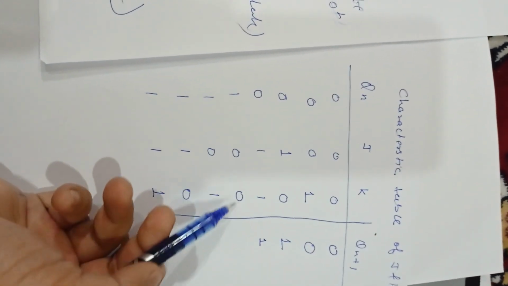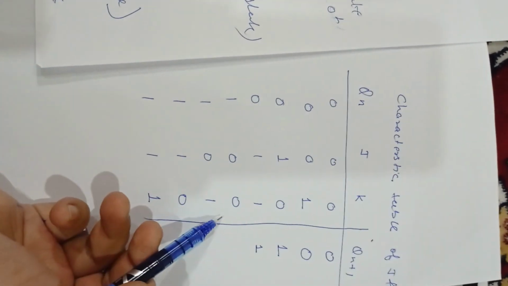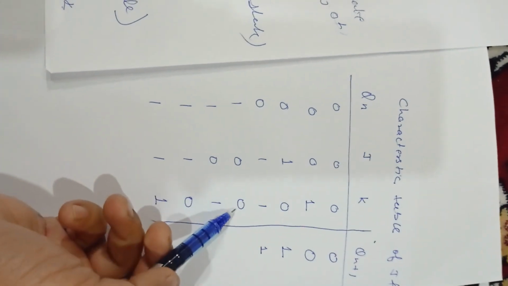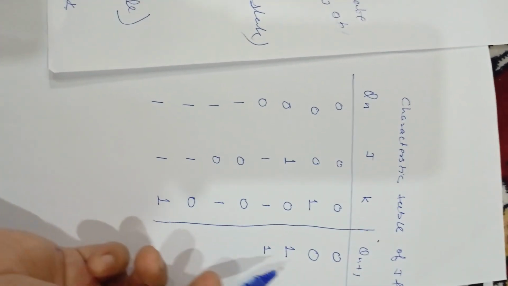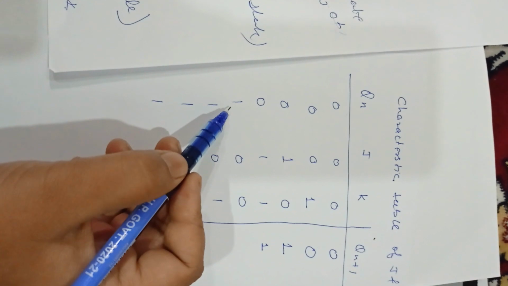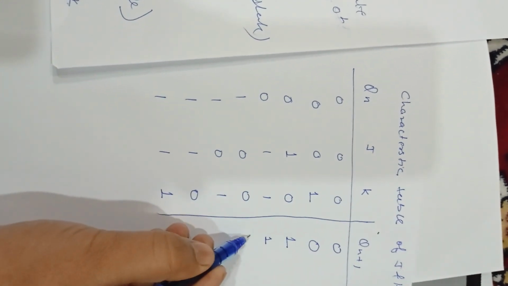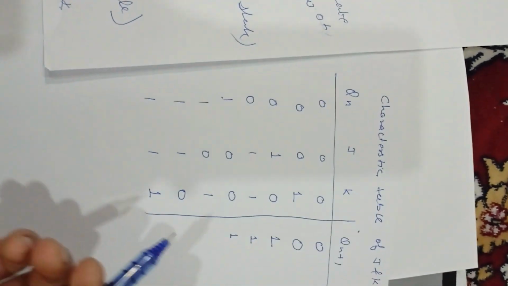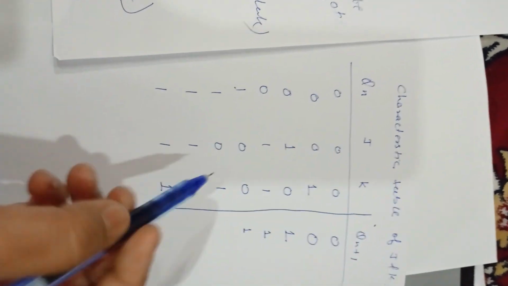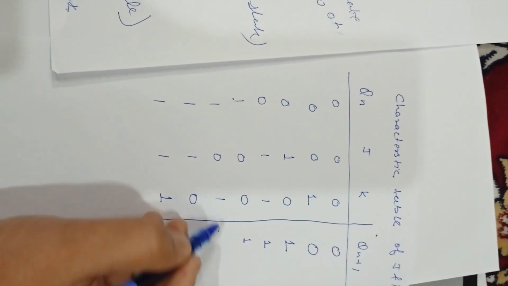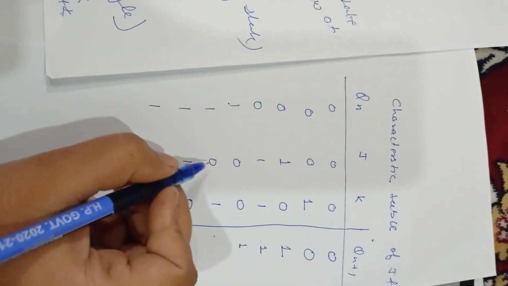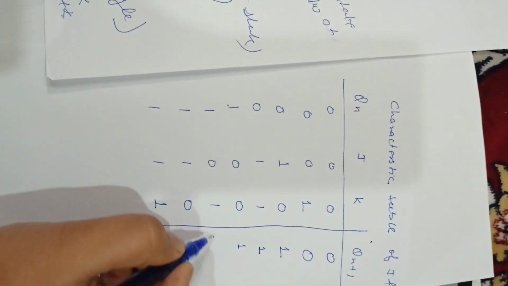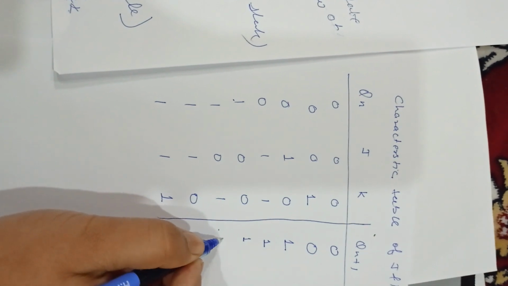Next, for Qn equal to 1, we start with J K is 0 0. Whenever both J and K are 0 0, the next state is the previous state, which is 1, since Qn is 1 and represents the previous state. Next is 0 1: from the truth table of J K, when J is 0 and K is 1, Qn+1 is 0.